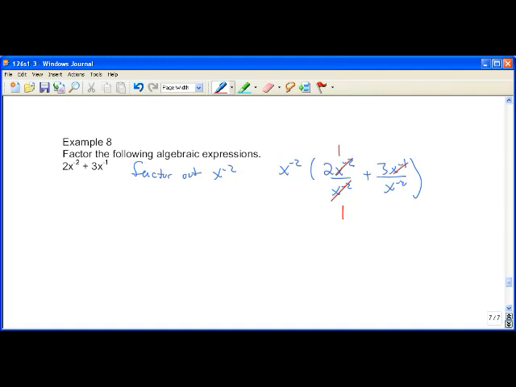X to the negative 1 divided by x to the negative 2 is x. So it's x to the negative 2 times 2 plus 3x. If I multiply this back through, x to the negative 2 times 2 is 2x to the negative 2. X to the negative 2 times 3x to the positive 1 is 3x to the negative 1.